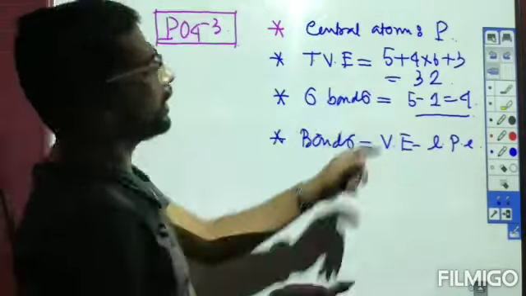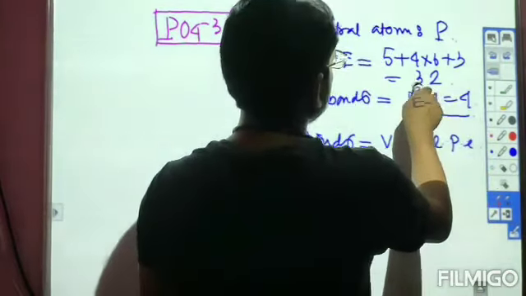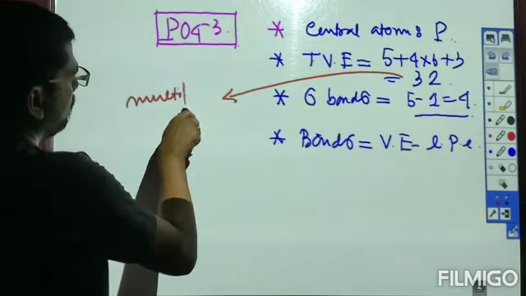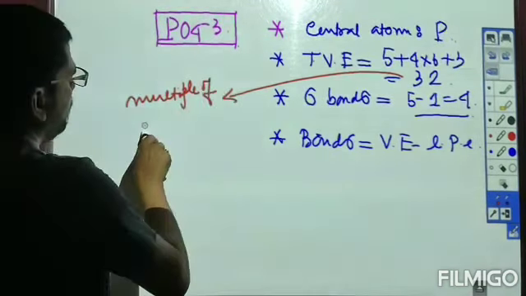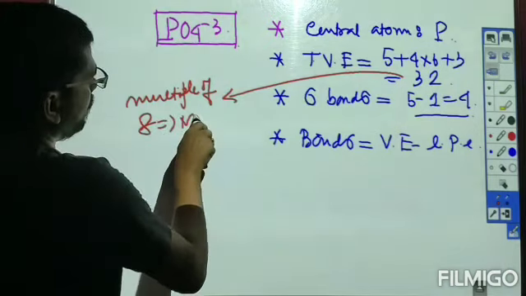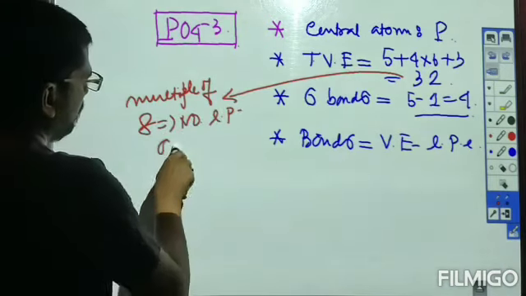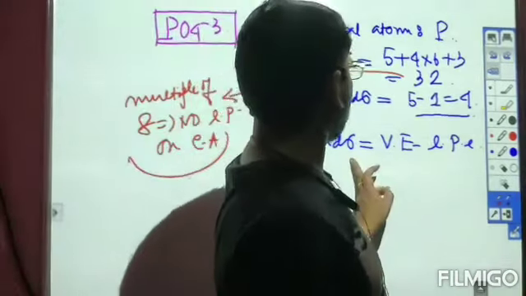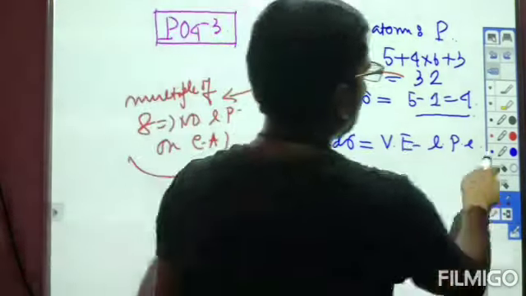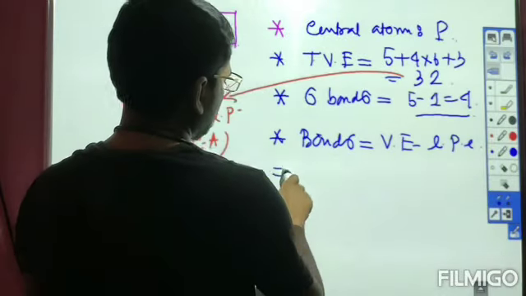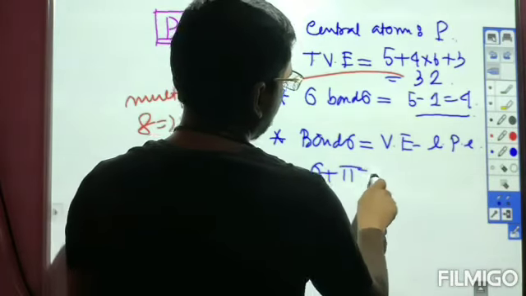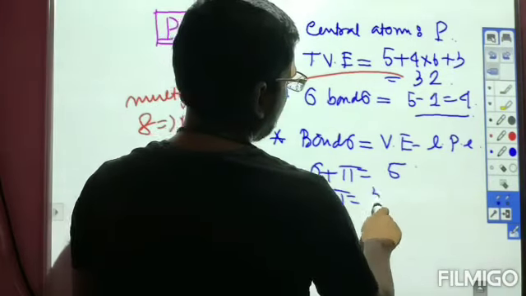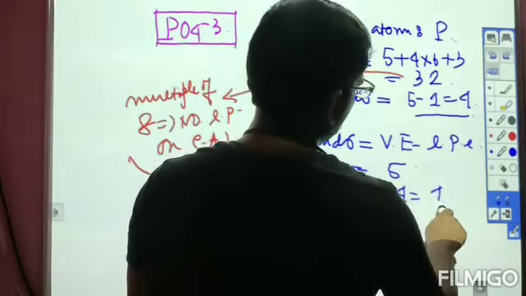See, 32 is multiple of 8, means no LP on central atom. So bonds equal to valence electron minus lone pair means sigma plus pi equal to 5. Sigma already known, so pi equal to 5 minus 4, 1.